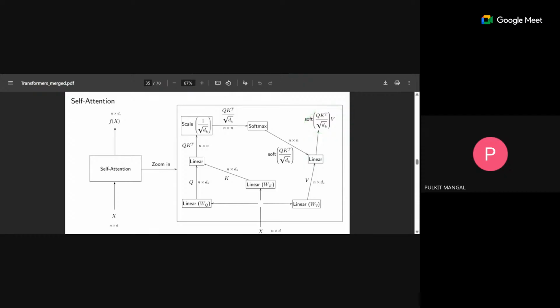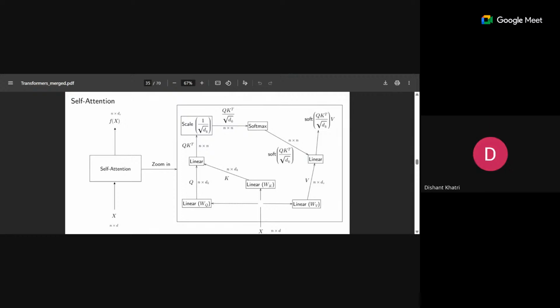Any doubt here? Sir, why are we adding WQ, WK and WV? What's the need? These are to get different kinds of representations for the context that we have. We want different context-aware representations for our embedding, and we want them to be dynamic with respect to the words appearing in that sentence.